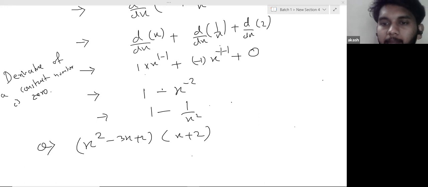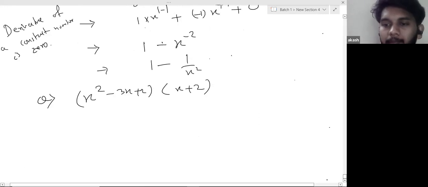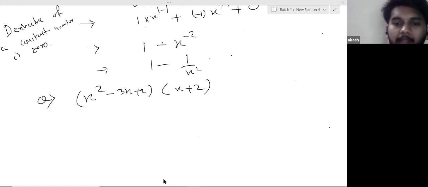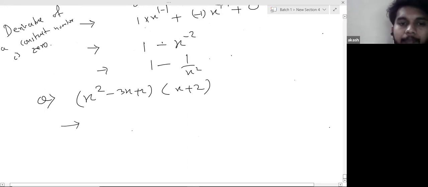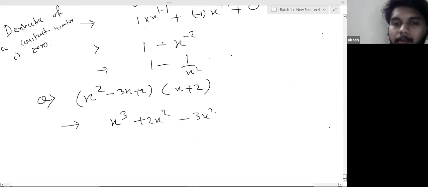Solve this. Are you able to understand this or not? Let's see. We can simply multiply this. This is x cube plus 2x square minus 3x square minus 6x plus 2x plus 4.